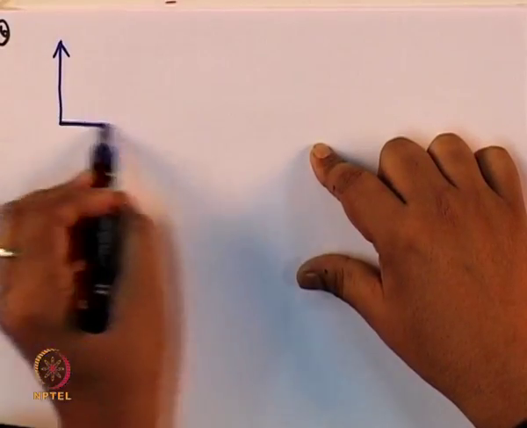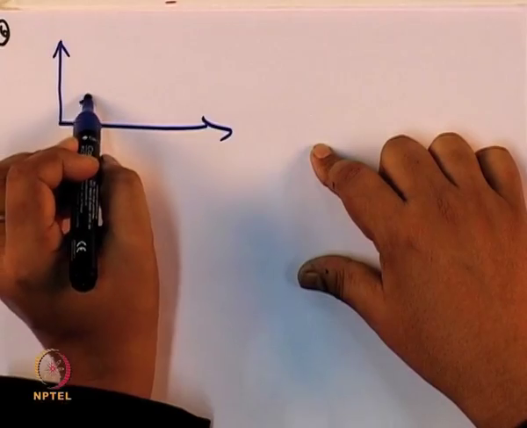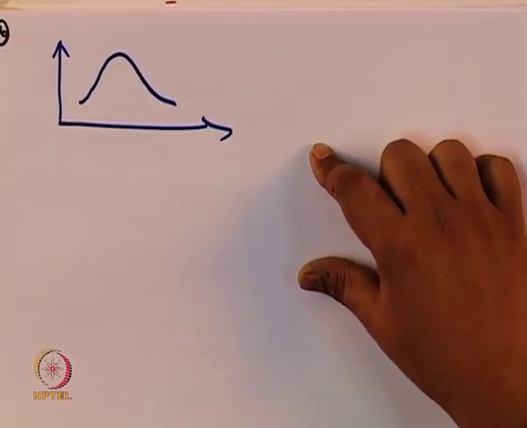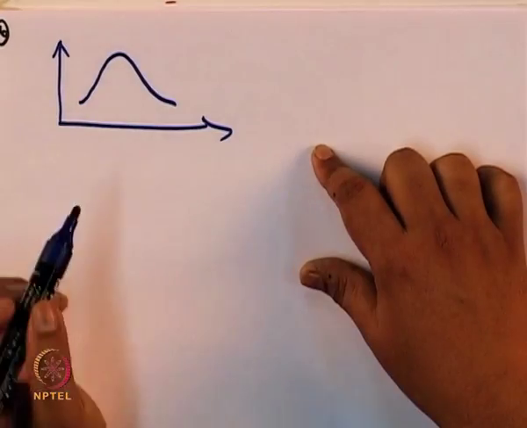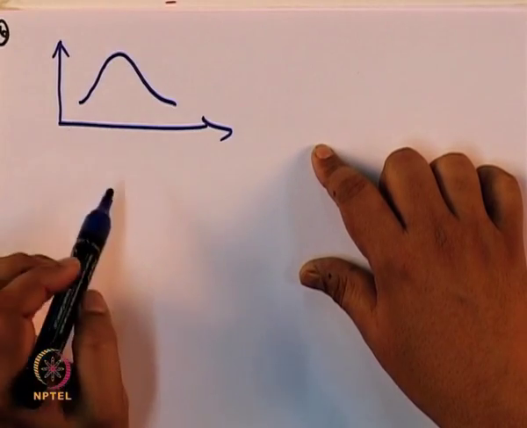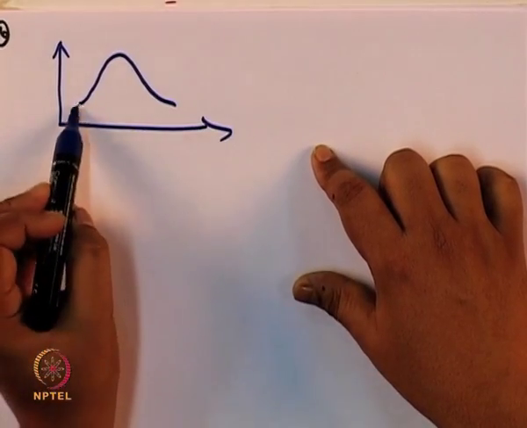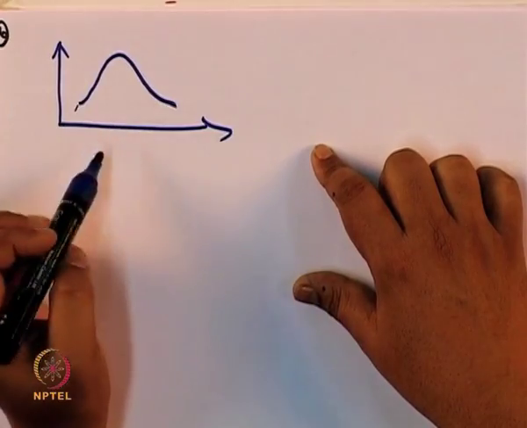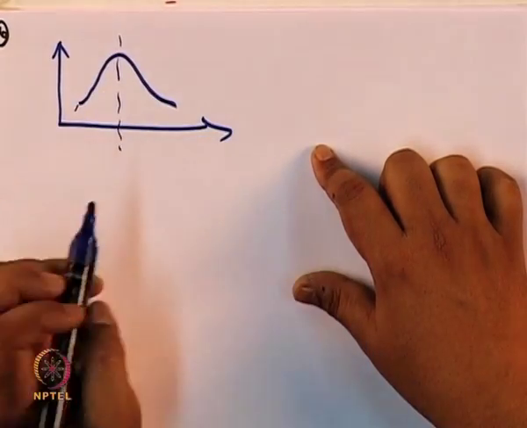So, there is one more important measure. Let us say that you draw a histogram and you plot the data, okay, and your plot data looks like this, right. So, logic would dictate that if you take the arithmetic mean of this whole population, your arithmetic mean will somewhere lie here.